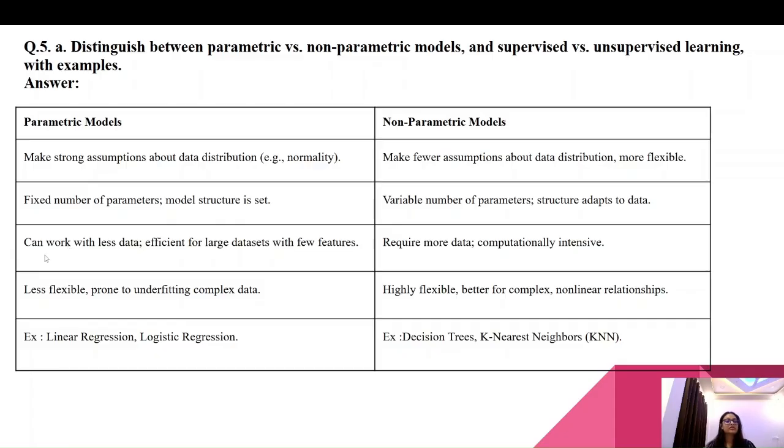Parametric models can work with less data and are efficient for large datasets with few features, whereas non-parametric models require more data and are computationally intensive. Parametric models are less flexible and prone to underfitting complex data, whereas non-parametric models are highly flexible, better for complex non-linear relationships. Examples of parametric models are linear regression and logistic regression, whereas non-parametric models include decision tree and k nearest neighbor, KNN.